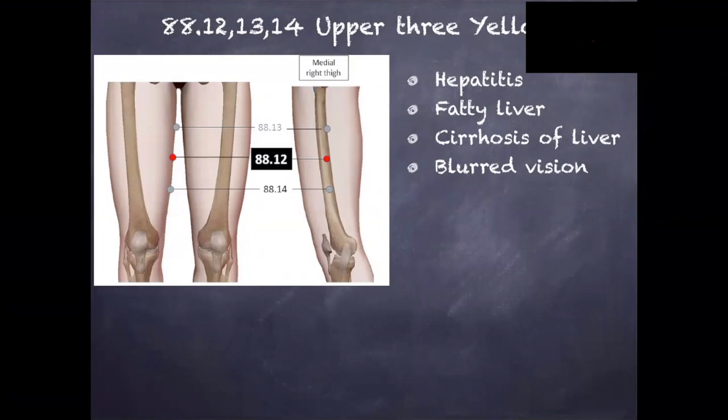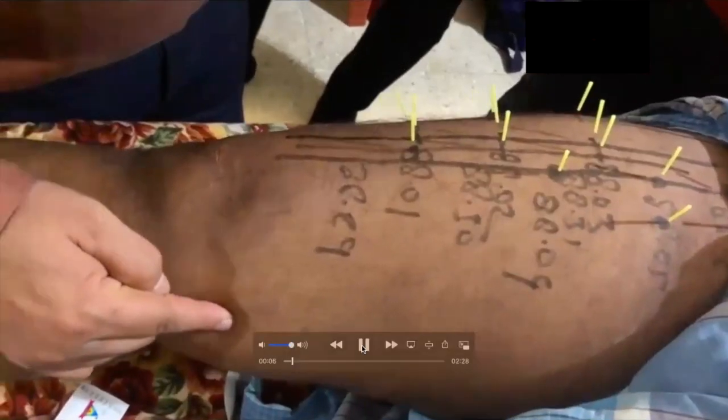Okay, so how to locate these points? These are the 3 point unit. For that, let's see one practical demo, and then I will tell you exactly how to locate these points. This is the knee.